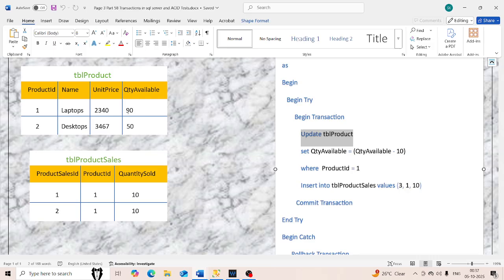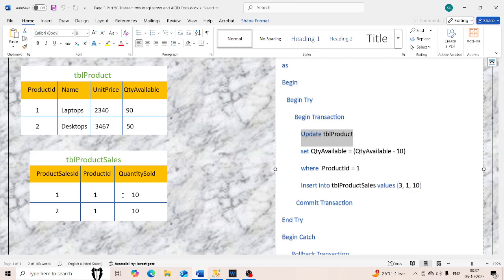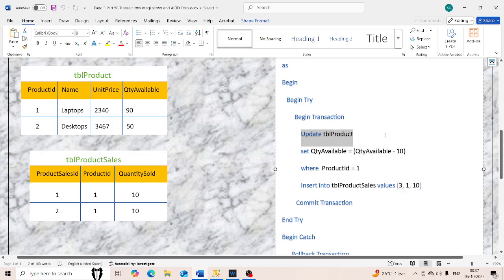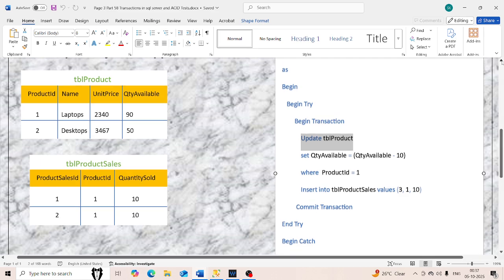And then let's say when we are about to execute the insert statement into the tblProductSales table, the power has gone, or something has happened.